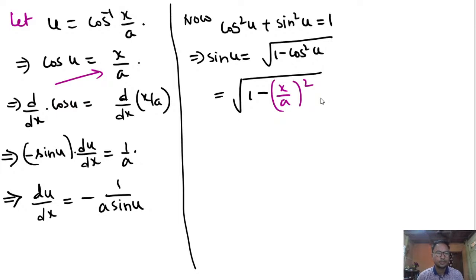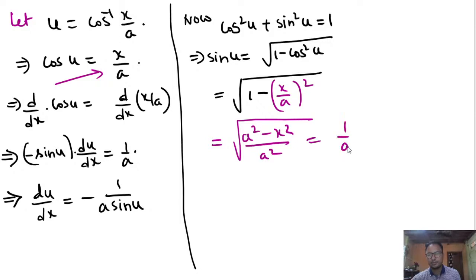Taking the LCM, it will be a square minus x square divided by a square, which is 1 by a under root a square minus x square.